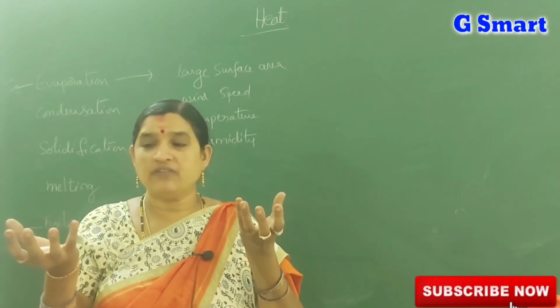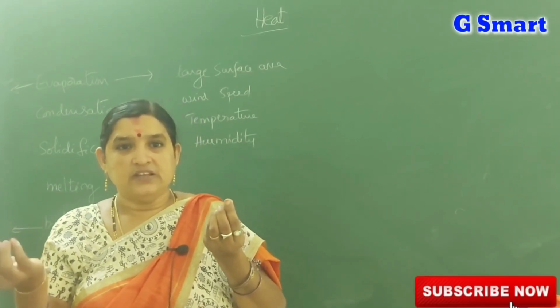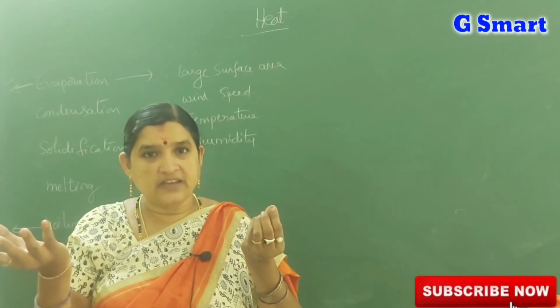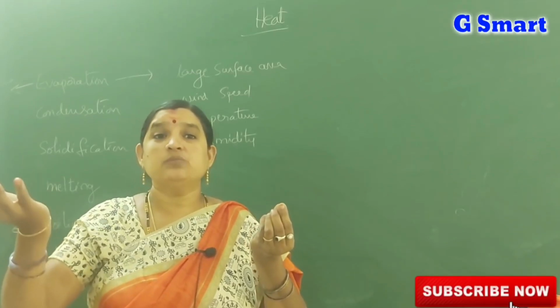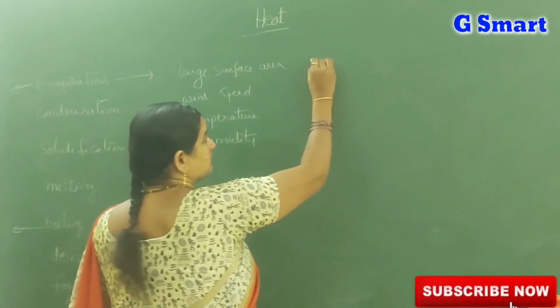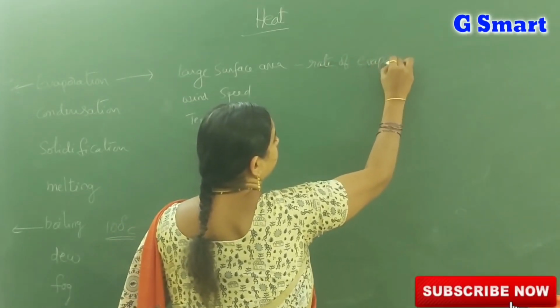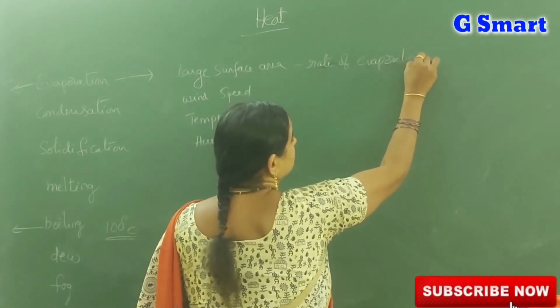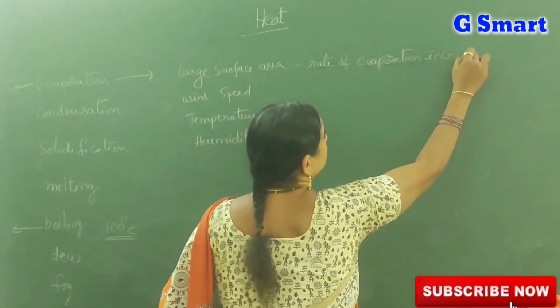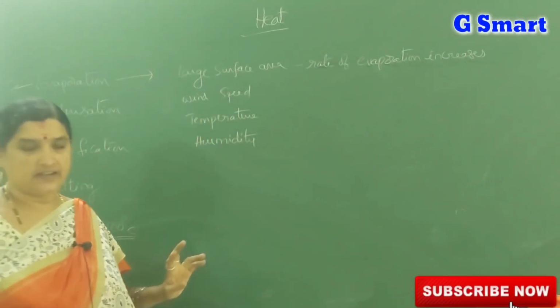The containers are different. One has a wider surface and another has less surface. The one with more surface area has more evaporation. Rate of evaporation increases with large surface area.